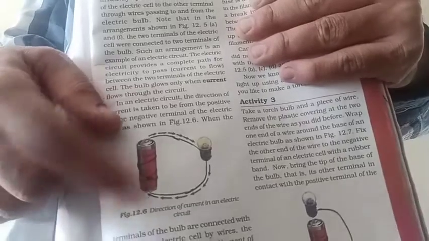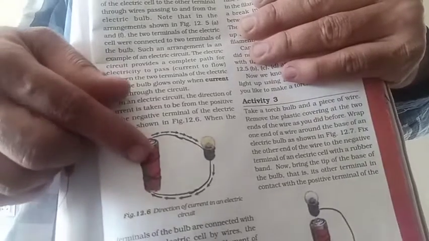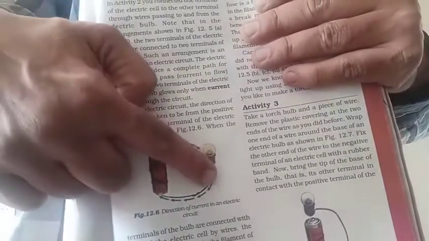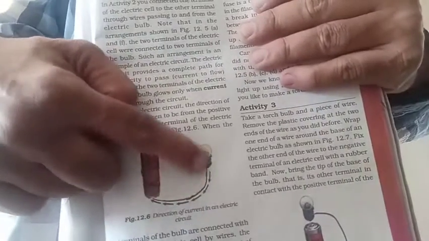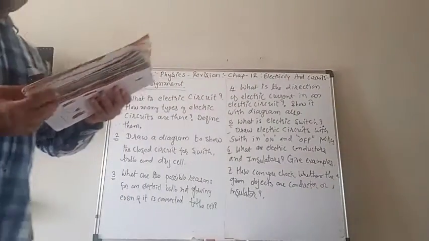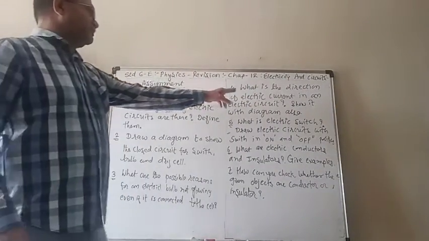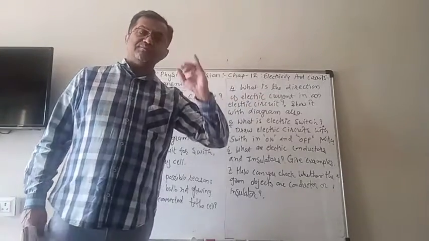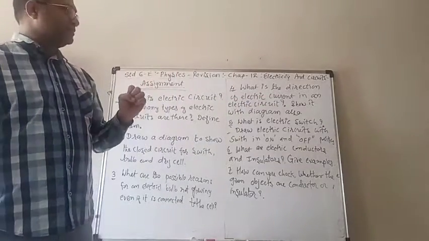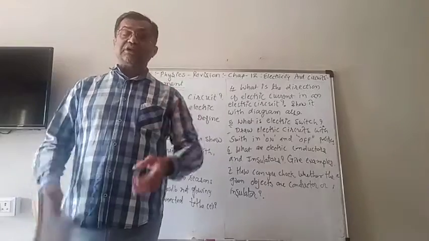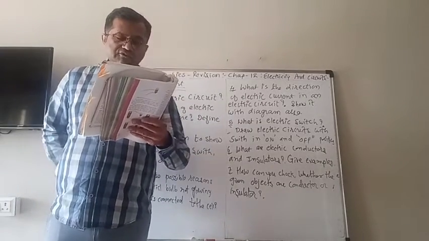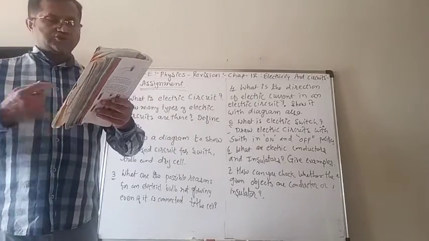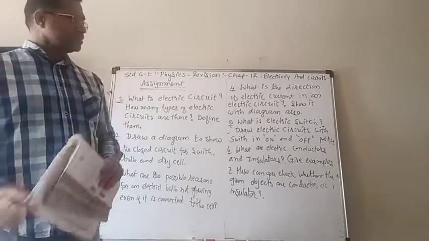So the direction is from the positive terminal to the negative terminal, and in this situation the bulb will glow. That is the thing we have to remember. So what is the direction of electric current? From the positive terminal of the cell to the negative terminal of the cell, and you have to draw the figure like the one I showed you.